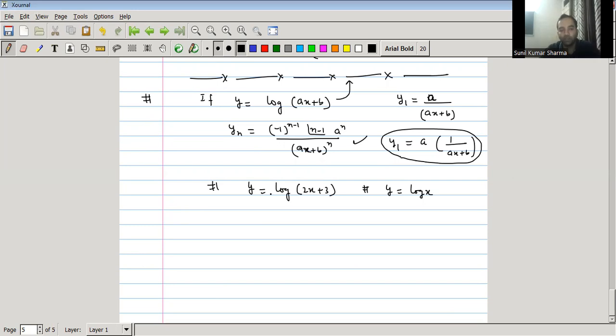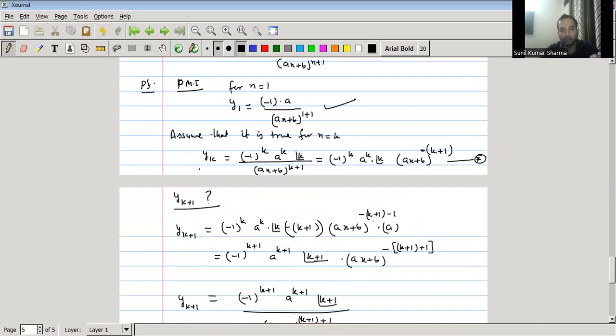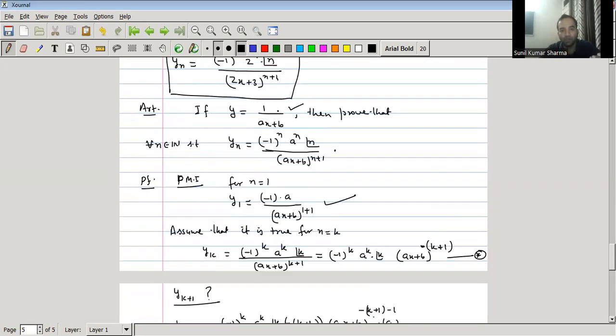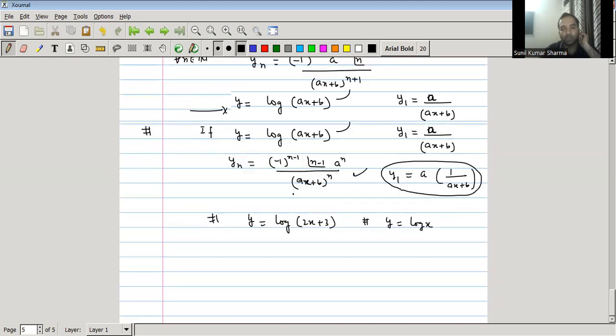So in this case, we use the previous example, the previous article, that y is equal to 1 upon ax plus b, then y equal to this. So we try to solve some more examples related to these articles.